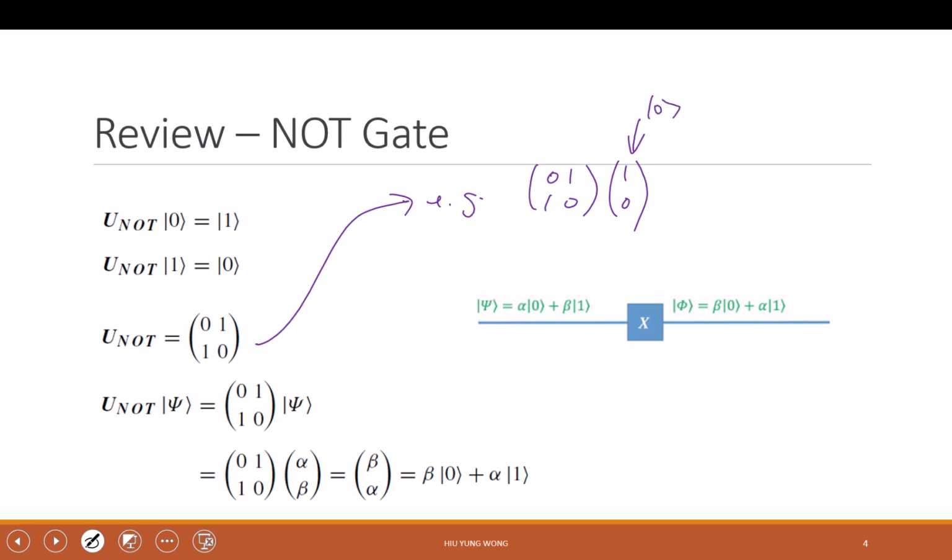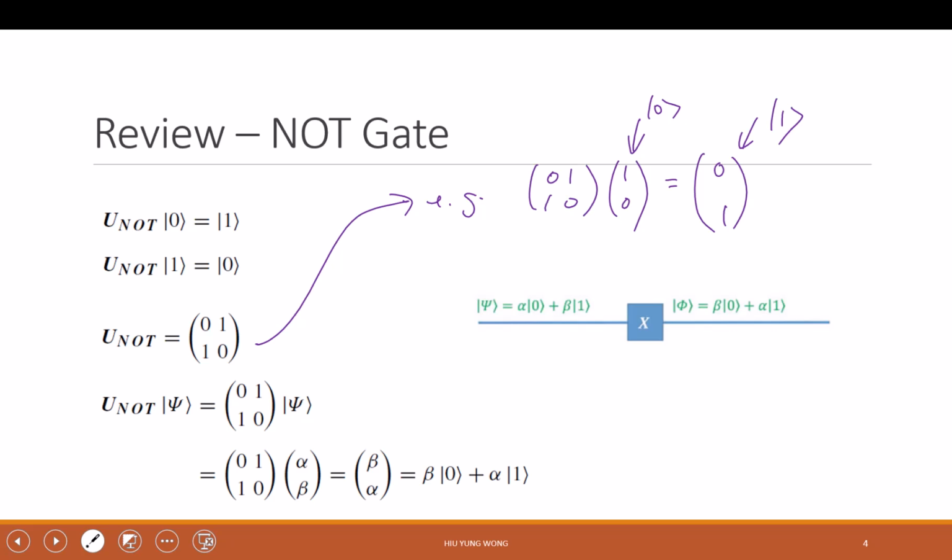Just do matrix multiplication. 0 times 1 plus 1 times 0 gives me 0, right? 1 times 1 plus 0 times 0 gives me 1. This one gives me the state 1, right? So we have a way to construct this. We actually talked about that earlier, but for this, you can see that it just fits.